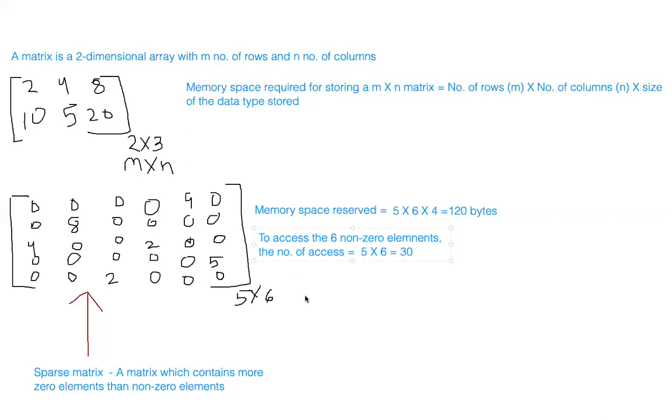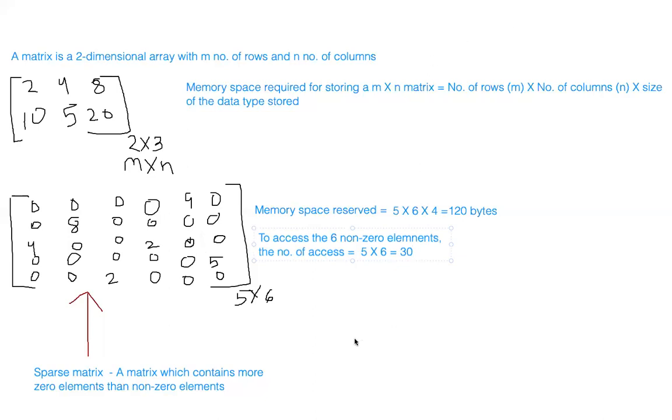So we can see that if we want to represent a sparse matrix using the normal array representation, it leads to wastage of memory space.